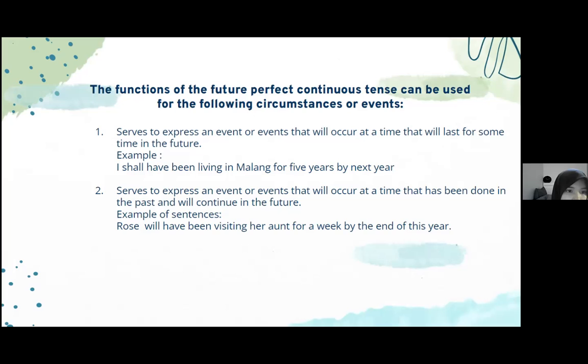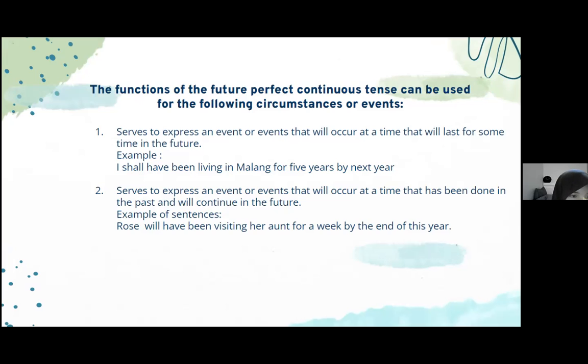Now, the function of the future perfect continuous tense can be used for the following circumstances for events. One, serves to express an event or events that will occur at a time that will last for some time in the future. Example, I shall have been living in Malang for 5 years by next year.